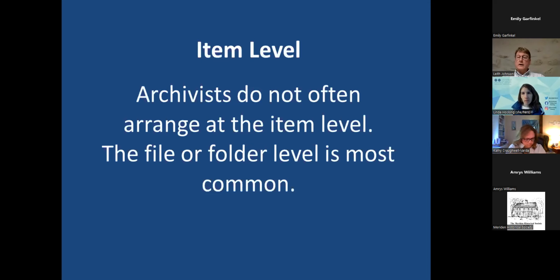In a collection of writings by an author, you may want to list out each writing, each draft, each version. In a collection of videotapes, you may want to list each videotape. And if you're digitizing items and you're linking the digitized items from your finding aid, then you're going to need an individual link for an individual item. So certainly item level is appropriate and should be used, but not in every case, not with every collection, simply because it takes so much time to describe items.